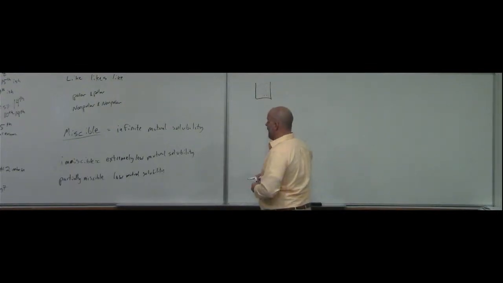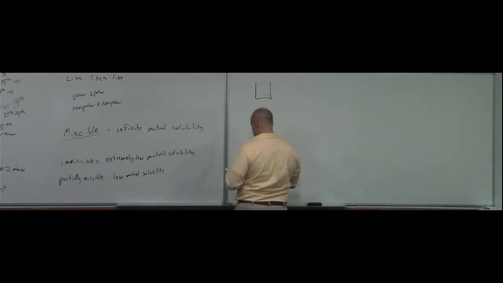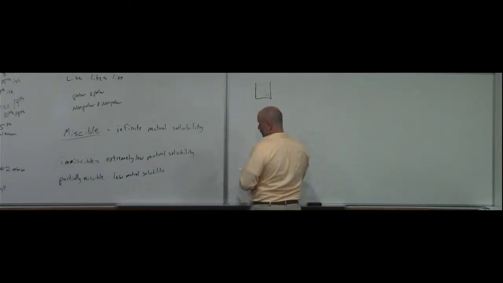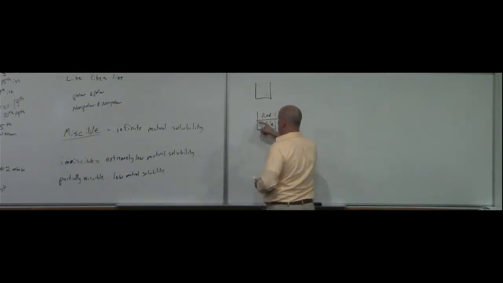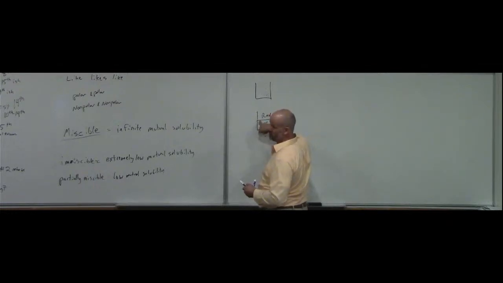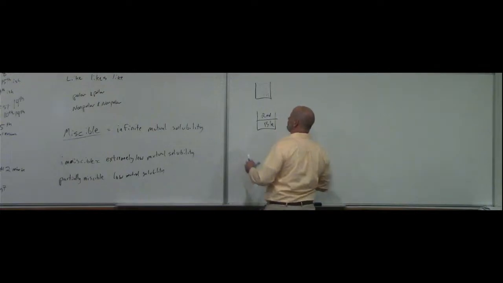If I have two that are not miscible, immiscible, then I'm going to end up with a layer here. I'm going to have red, and I'm going to have blue, and maybe if you squint at this just right, you'll see a little hint of purple.